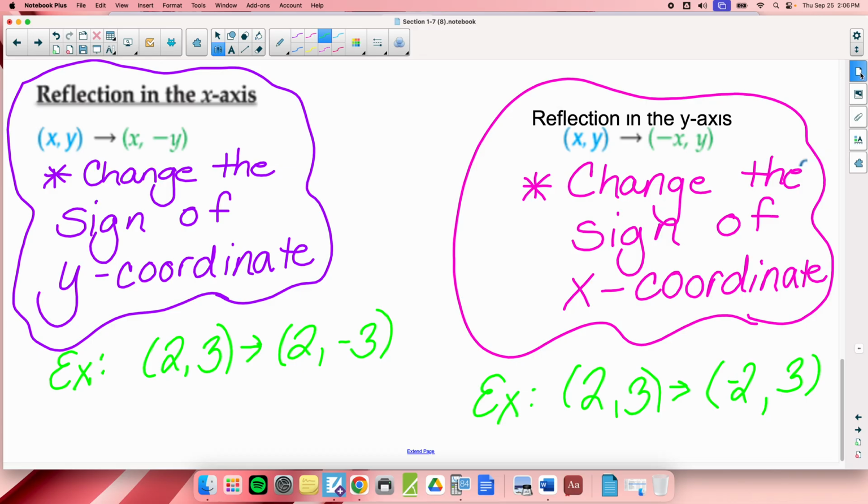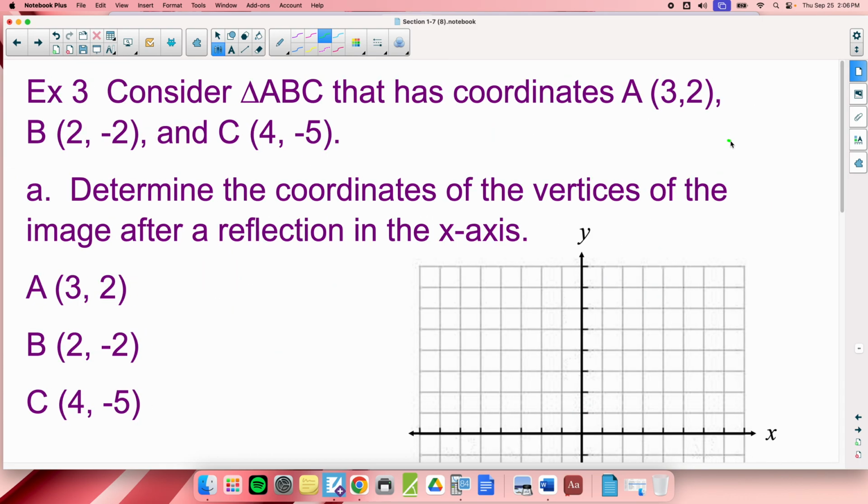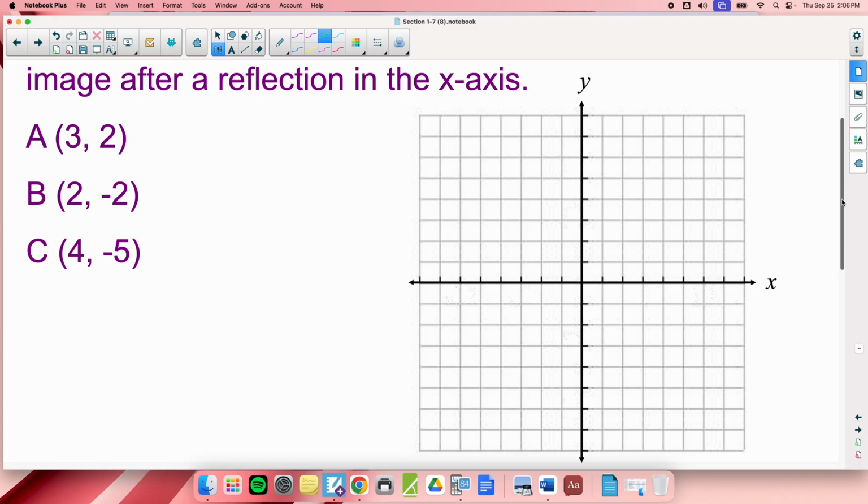All right. So now let's try one of these. You should all have this on your sheet. What you're going to do on these is first graph the original figure, and then graph your new figure. So here's where we're going to start. We're going to graph these 3 points. A is over 3, up 2.